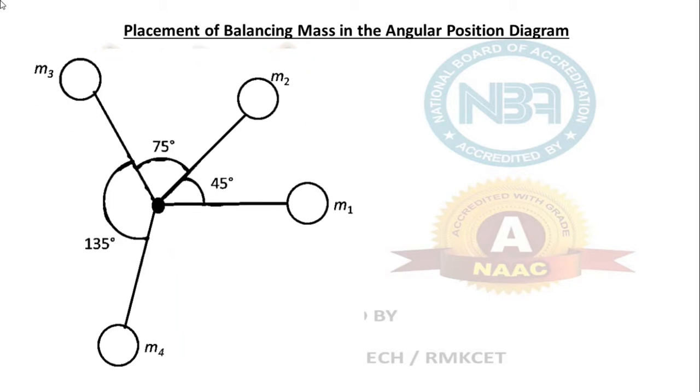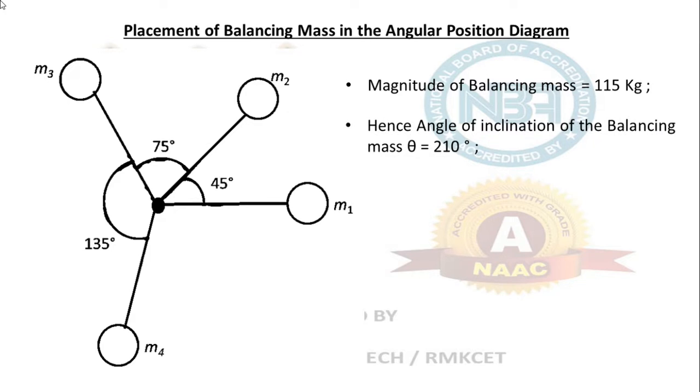201 degree. So now take this. Go back to your angular position diagram that is on the left of your force polygon. Magnitude of the balancing mass is 115 kilogram. Direction of the balancing mass is again 201 degree, not 210.